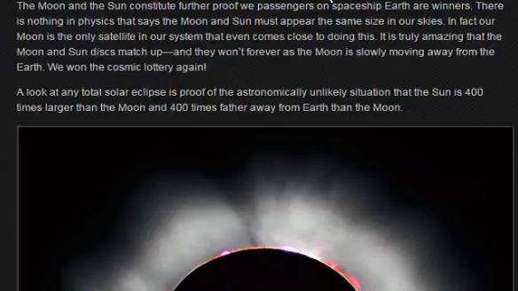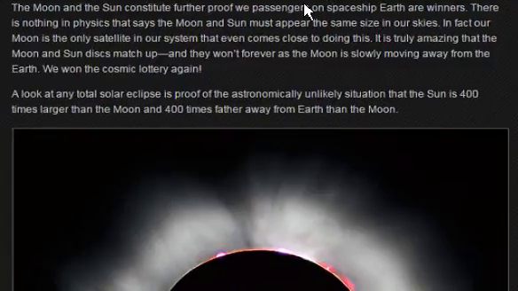Okay, so in the sense of protons, in the sense of electromagnetic force, we won the cosmic lottery. And now again, when we see the moon and when we see the sun and the fact that their disks match up, we again won the cosmic lottery.